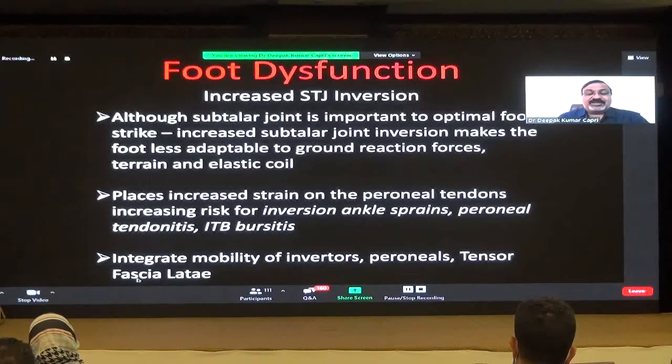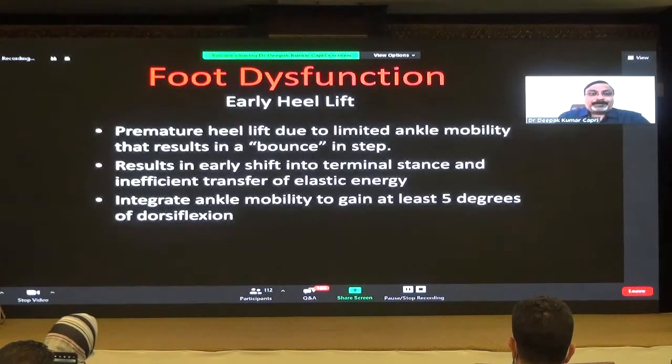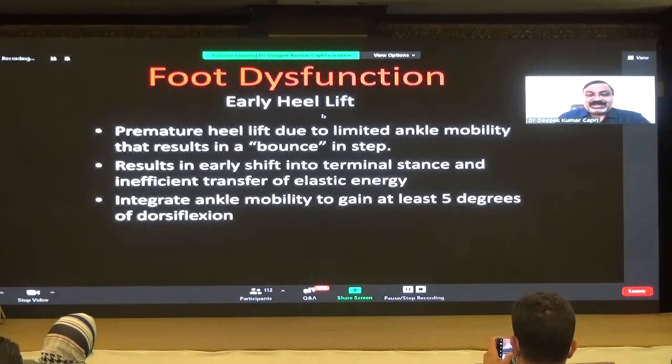And if somebody has an over-supinated foot, in that case, the person may get ankle sprain, as I told you, and peroneal tendinitis. So make sure you give stretching exercises to the inverter and strengthening exercises to the everter. So for the early heel lift, make sure you restore ankle mobility.